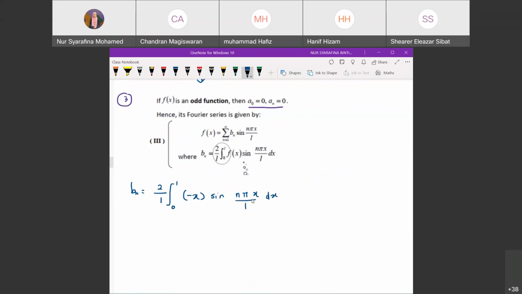Integrate with respect to x. Okay, putting negative outside. Okay, then we can integrate this x sine n pi x by using tabular or by using integration by part. Is that clear or not? Up to this point.